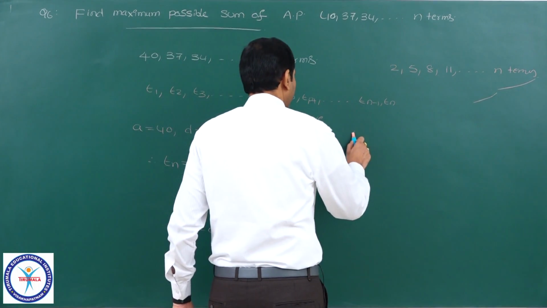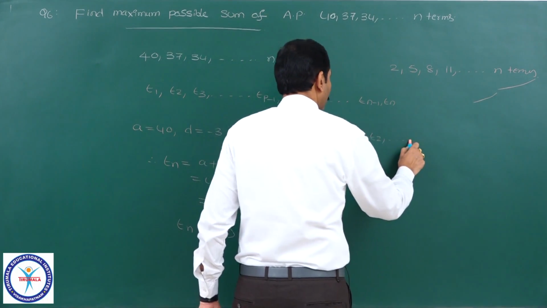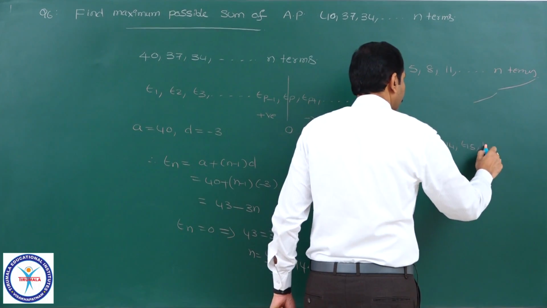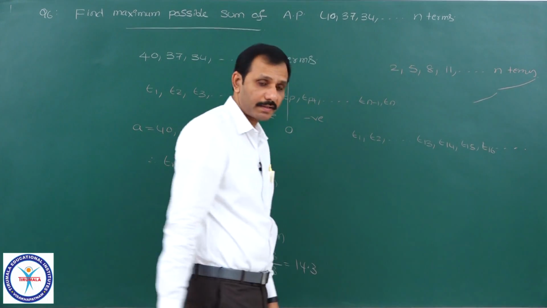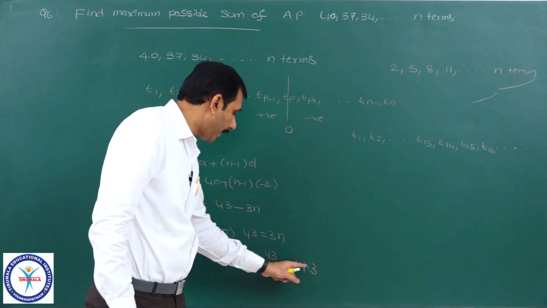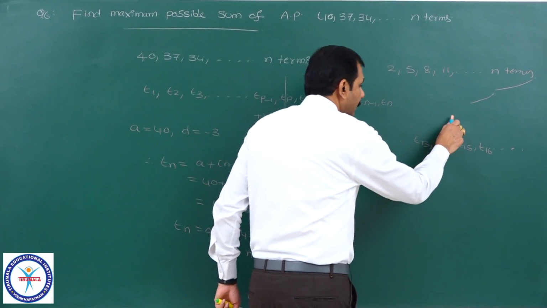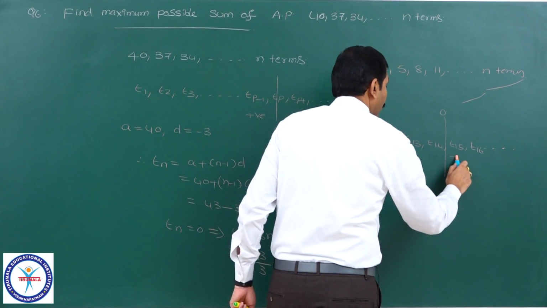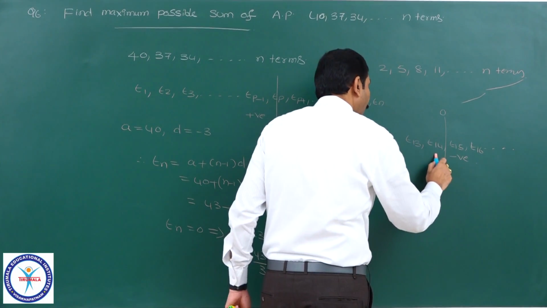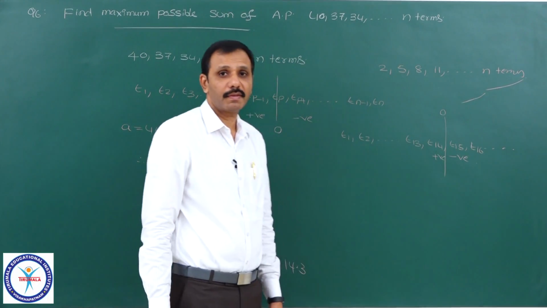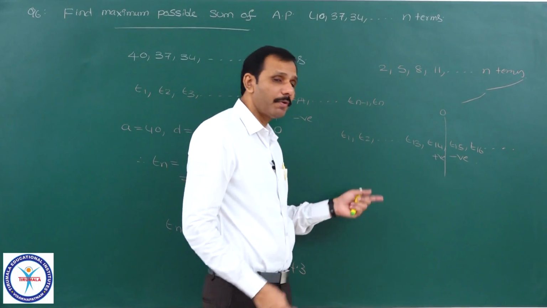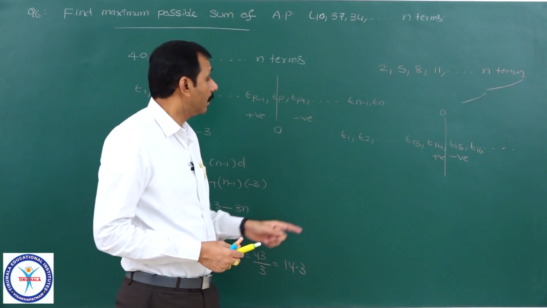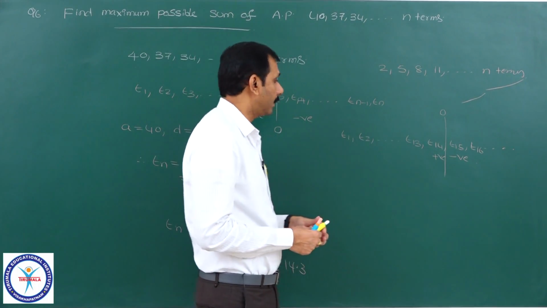Here I can say, if I take T1, T2 and so on, T13, T14, T15, T16 and so on, if I take T14.3 equal to 0, what is the meaning? Somewhere here it will be 0. Therefore, next term will be the negative term, before that term will be the positive term. Now, maximum possible value means if I add till 14 terms, I will get the maximum possible sum.